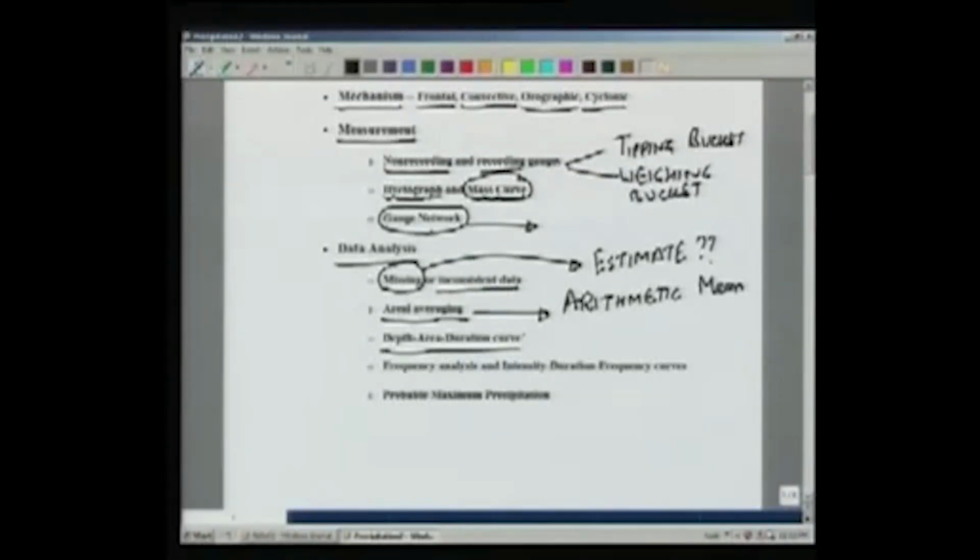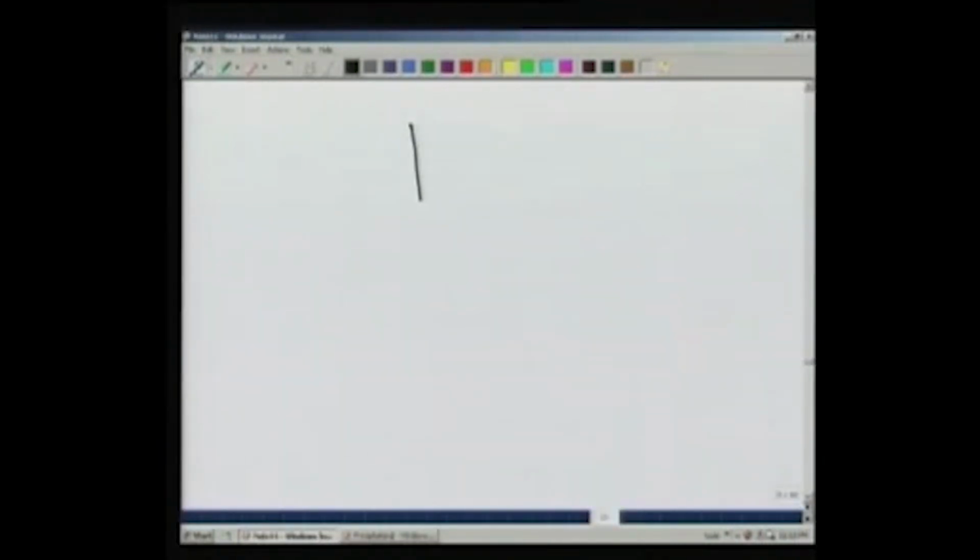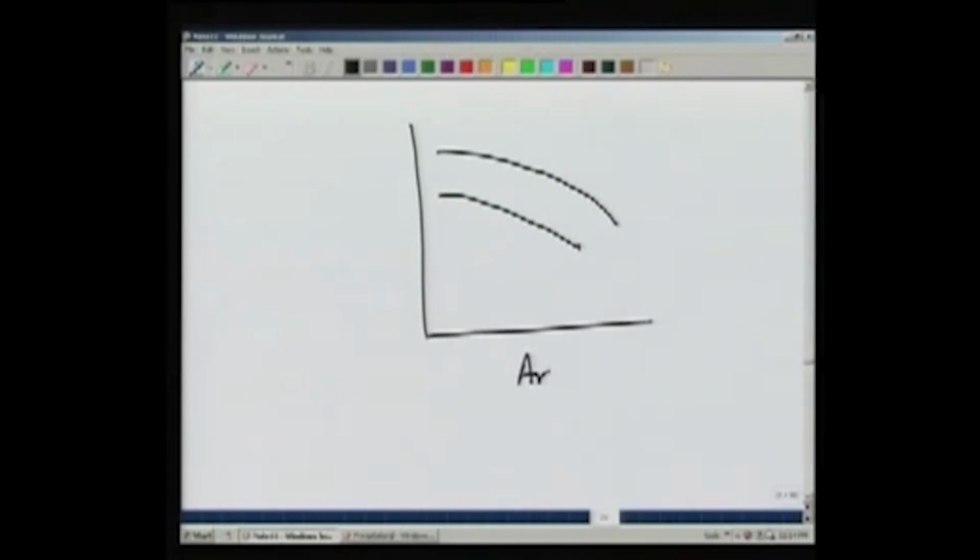and then we can prepare what are known as depth, area, duration curves. Now, these curves look like this.